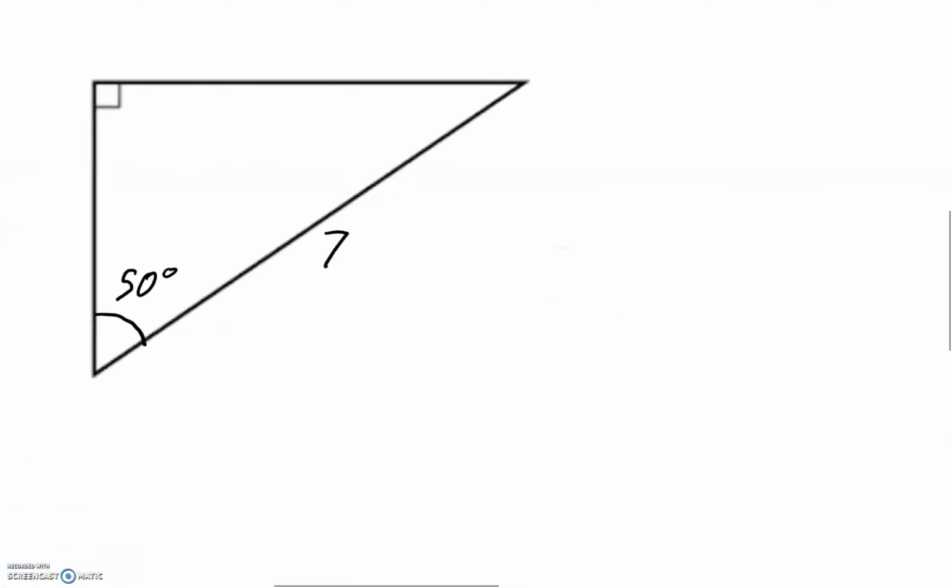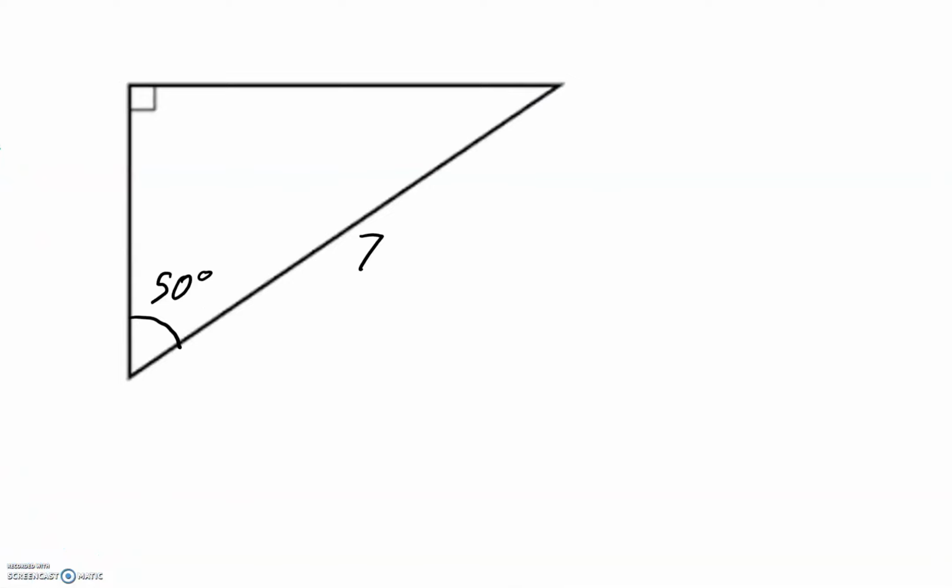Now we'll quickly take a look at this last one. Again, I recommend pausing it before trying it yourself. But let's find the adjacent side first. This is the hypotenuse from this perspective. So what we're going to do is go cos theta equals adjacent over hypotenuse, which is 7.